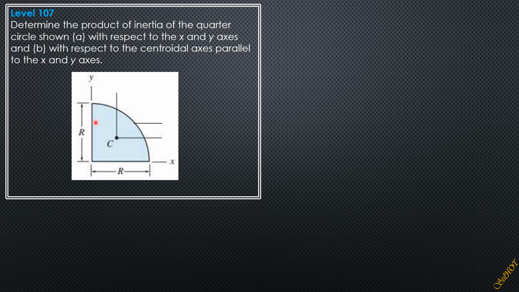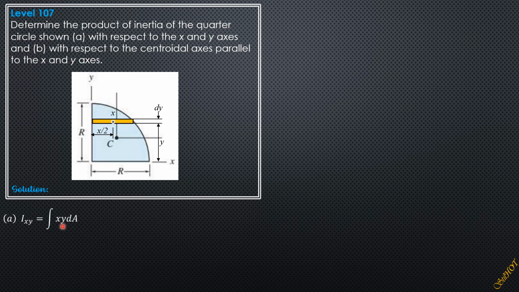So let's have a horizontal strip, and the length of the strip is x distance from the y-axis, so that's x. Distance from the x-axis is y, and the thickness is dy. So the centroid of the elemental strip would be here at x over 2 from the y-axis and y from the x-axis. So Ixy for our solution equals integral of xy dA.